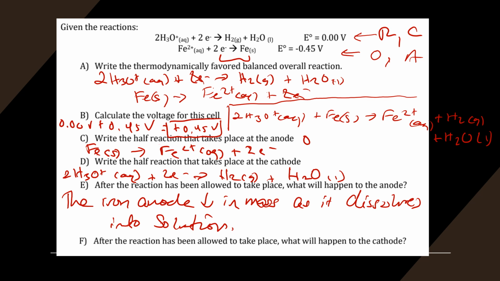Notice that in my cathode I don't form a solid, so it can't be like the last one where the cathode increases in size. What will we notice if we have hydrogen gas and water? We're going to see the formation of hydrogen gas bubbles. Alrighty, if you have any questions, please let me know. Thanks.